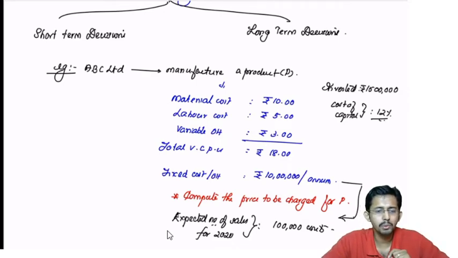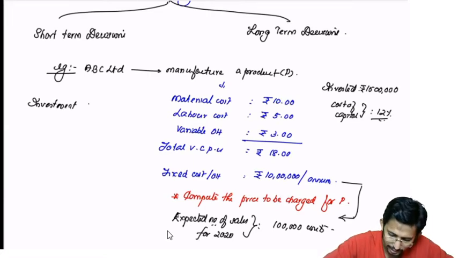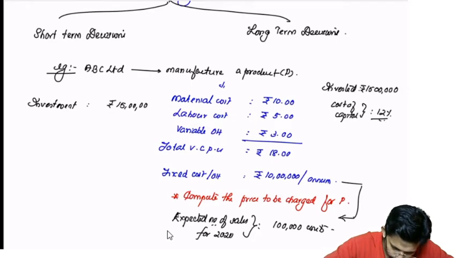First, you have to ascertain how much return you require on your investment. That is what yesterday we saw in the ROC, return on capital employed mode of pricing. You have invested how much? Investment is 15 lakhs.